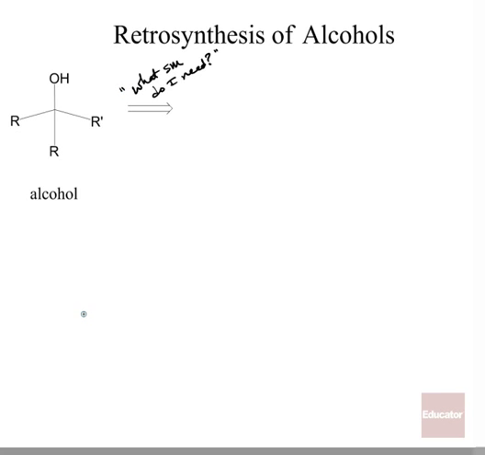Well, what we just learned was that you can identify that carbon bearing the OH group, and you can take any one of these other carbon groups and do a disconnection there. Now when I do that disconnection, I think about the two carbons that are coming together to form this new carbon-carbon bond, and I ask myself, which of those was a nucleophile, which of those was an electrophile, what did they look like as starting materials so that they could come together and make this product?